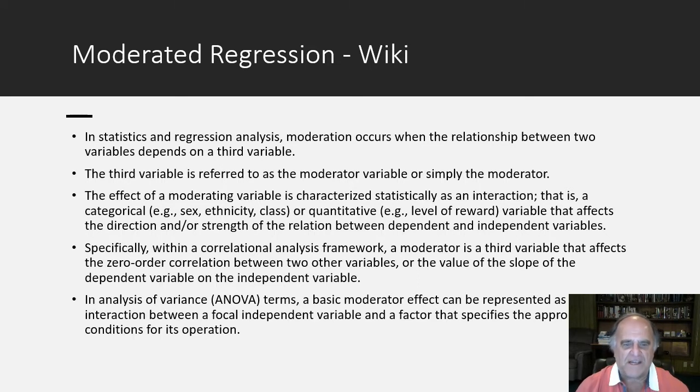And then, of course, in analysis of variance, you should know what an interaction is. It's when the two main effects don't totally explain the results. There's an interaction between those two main effects.